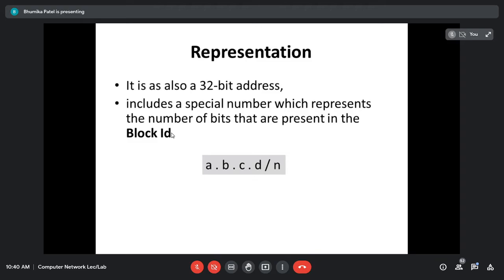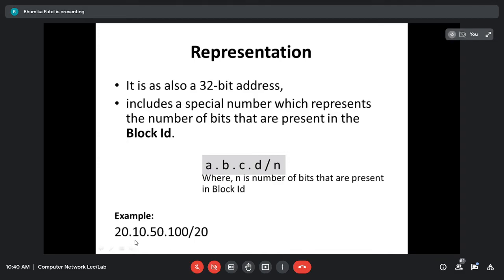It will give me a particular block with a number of IP addresses, right? According to whatever my requirement is. So to represent the entire block, we are going to use this. Or if you want to represent any IP address, you have to use this representation. A.B.C.D/n. /n represents the number of the bits in the block ID, or you can say number of the bits in the network ID.